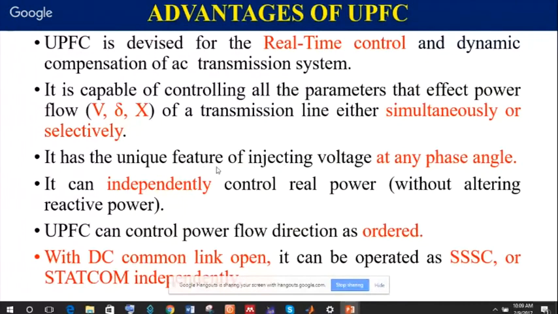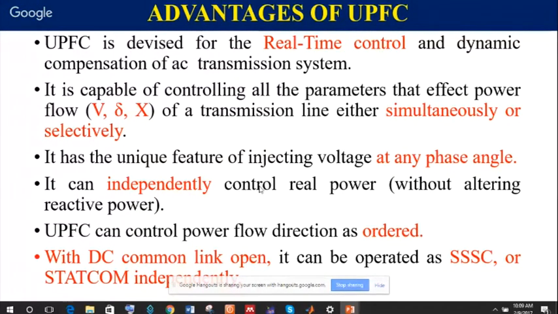So it has the unique feature of injecting voltage at any phase angle. In the case of impedance type FACTS, we can inject voltage only in quadrature or in phase. But UPFC can inject the voltage at any phase angle from 0 to 360 degrees.